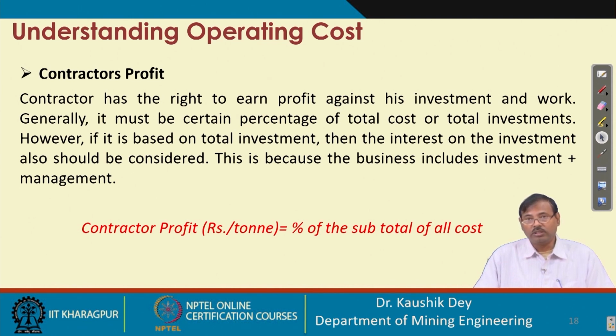Okay. So, that capital interest and depreciation has to be considered by the contractor. Above that, he must consider the profit. Profit is calculated as a percentage of the subtotal of all costs. Basically, for any good rate of return, 10% is considered as the rate of return.